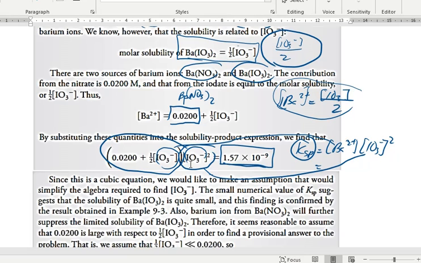The IO3 here is squared, so it's quadratic, and then multiplying by another IO3 makes it a cubic equation.